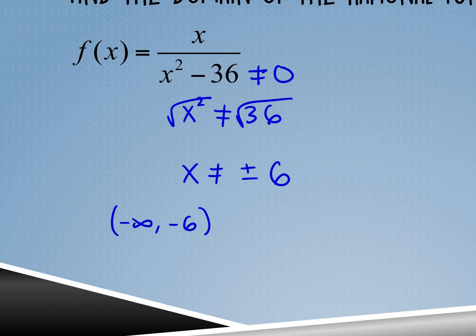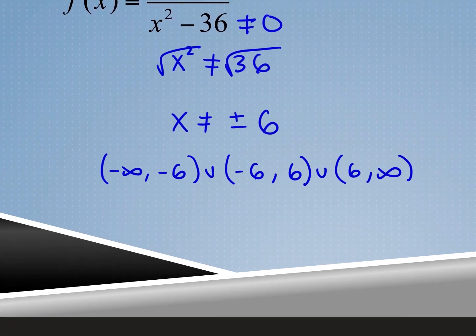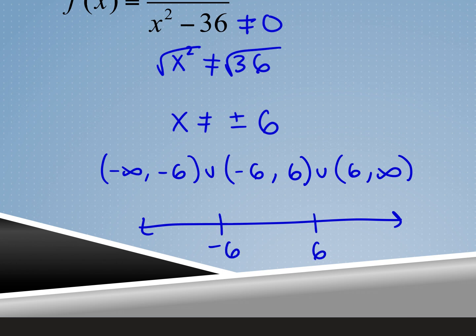Negative infinity to negative 6, union, negative 6 to 6, union, 6 to infinity. So if we have a hard time seeing that, we can put it on a number line. If I had negative 6 and 6, x could be any number except negative 6 and 6.